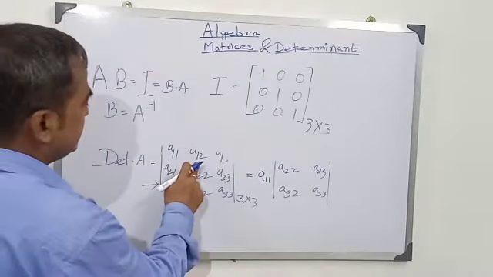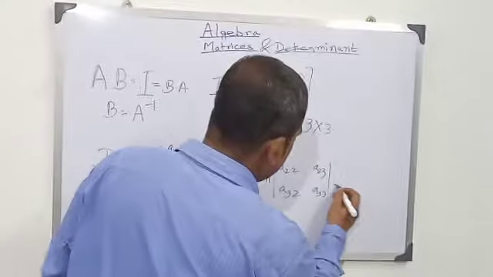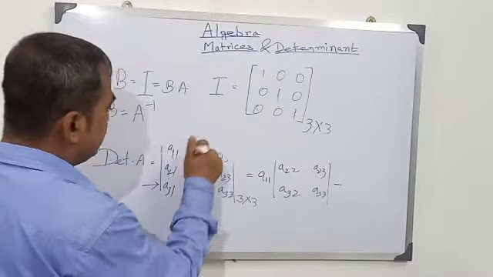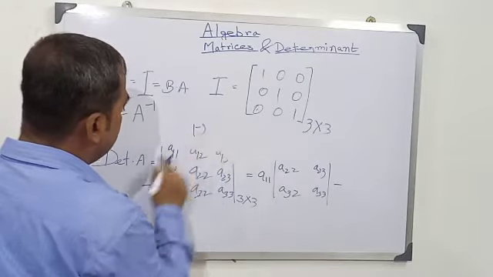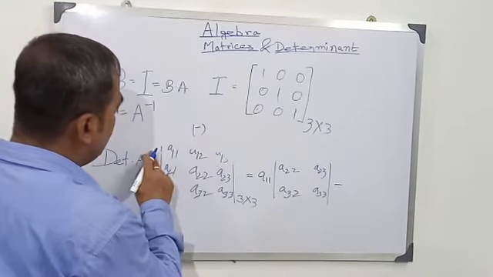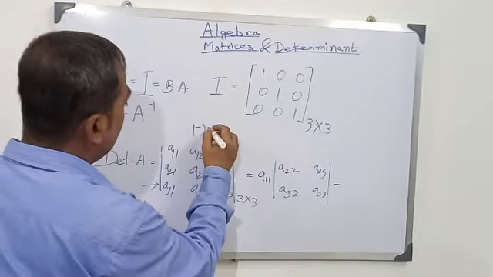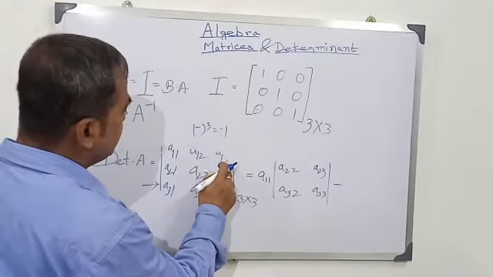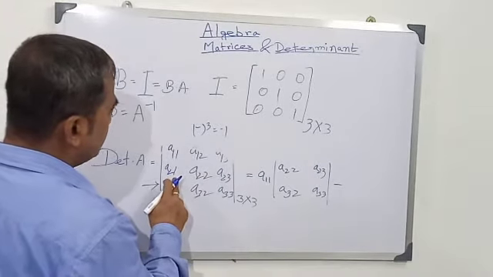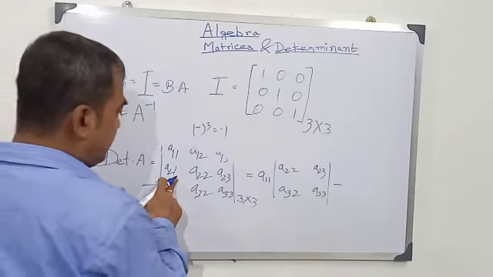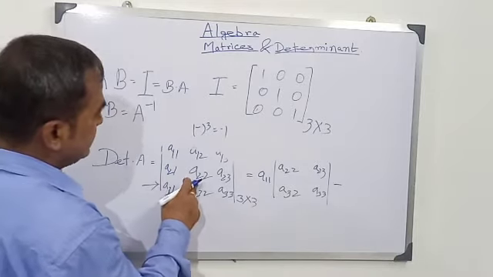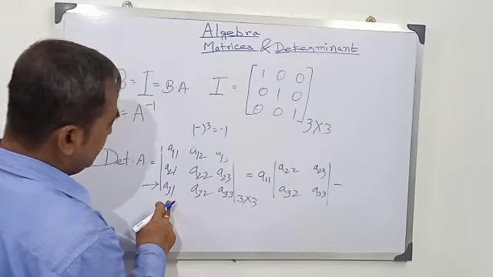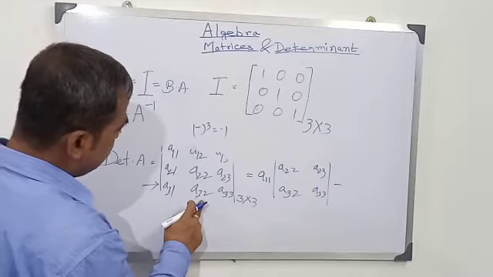Now, the next item is this. Here I have to understand this will be negative. How is it negative? Minus 1 to the power row plus column. Now here it is 1 plus 2, which is 3, so it becomes minus. Here 1 plus 3 is 4, so plus. Here 2 plus 1 is an odd number, so it should be minus. Here even number, plus, here minus, here even number, so plus, here minus.